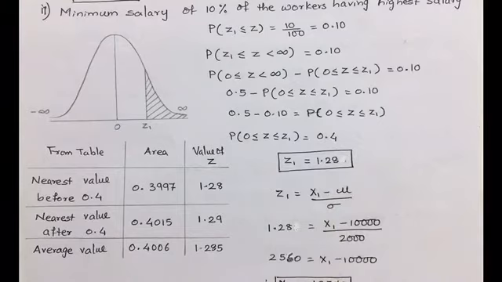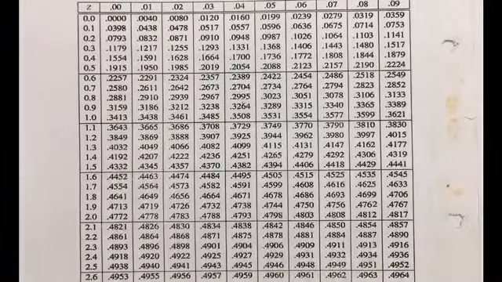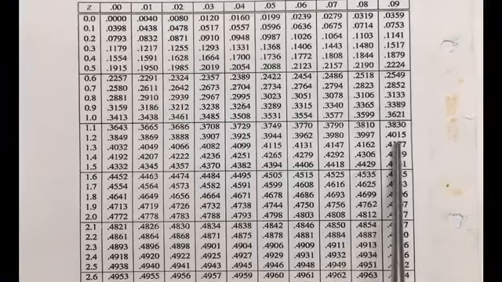Now again seeing 0.4 in the table where this area lies, it lies between 1.28 and 1.29.